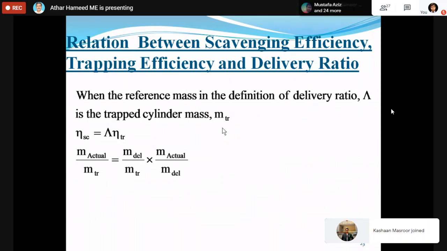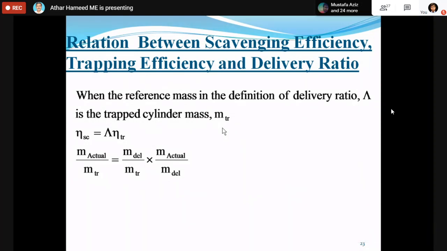So with that reference mass, scavenging efficiency will be lambda, the delivery ratio, multiplied by trapping efficiency. In this case, M actual trapped is equal to M delivered and trapped into M actual over M delivered. So these cancel out. It is M actual over M trapped.